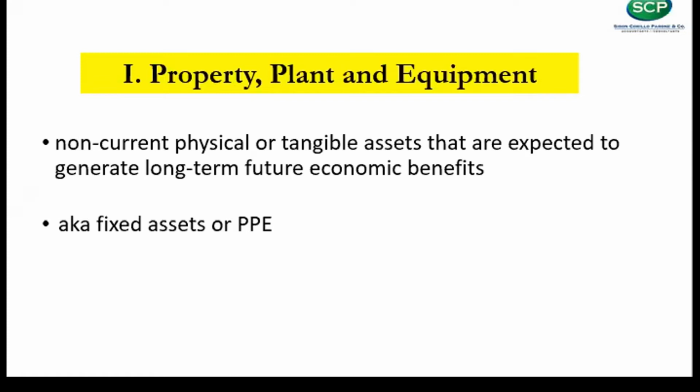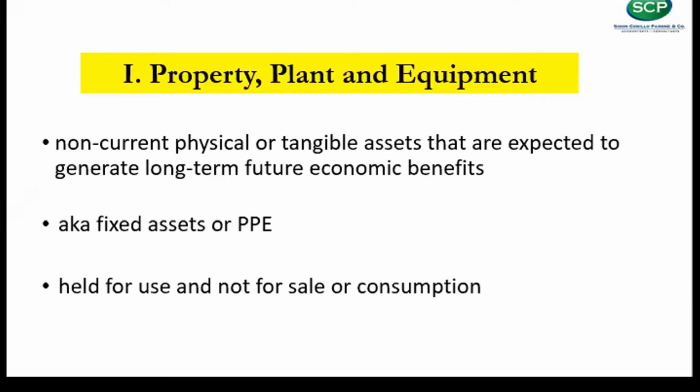Some call them PPE for brevity. Those who are too lazy to say the long account name property, plant, and equipment just call it PPE. Fixed assets are held for use in the production or supply of goods and services or administrative purposes. In other words, fixed assets are assets that are not sold or consumed by a company. Rather, they are used to produce goods and services.